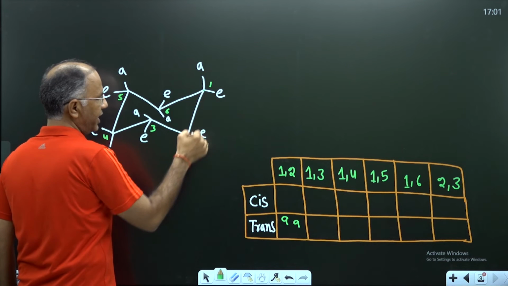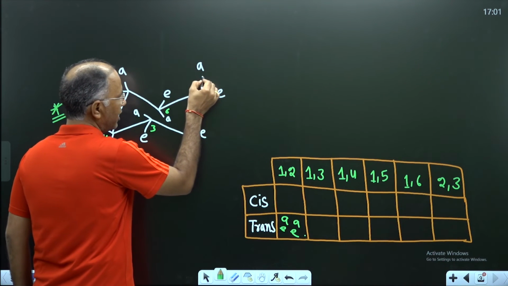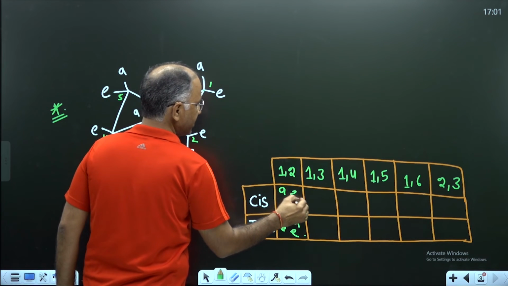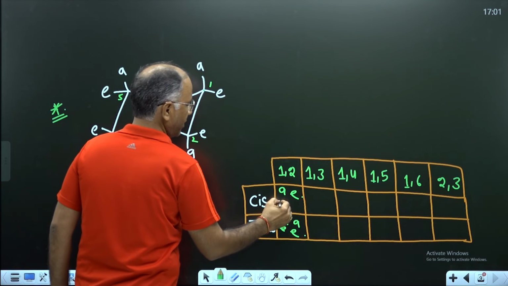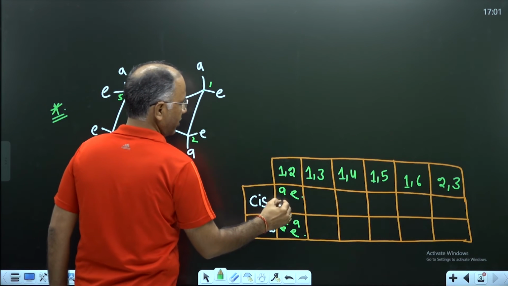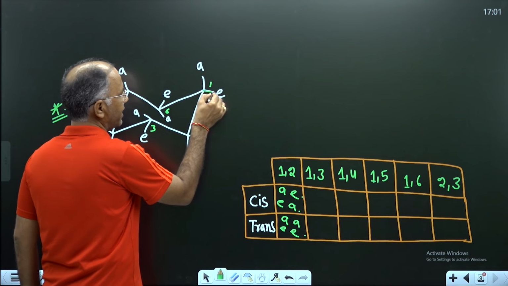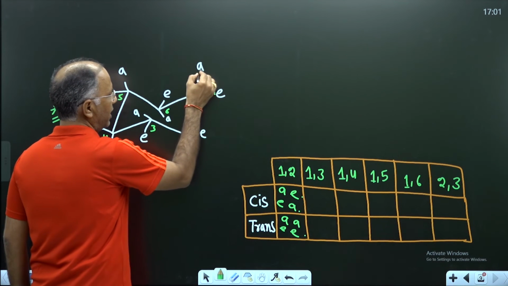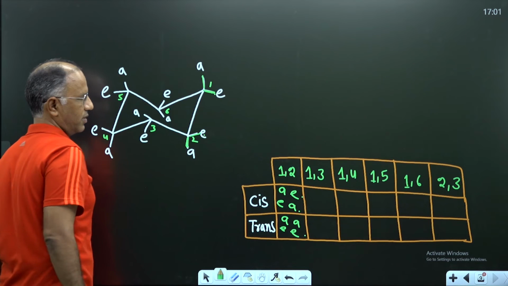Similarly, what is EE? EE up, down, it is a trans. If we consider A and E, AE means it is a cis. Again A up, E up, and A down, it is also a cis. Cis means same side, this is E, A, down, down, cis, A, E, up, cis.